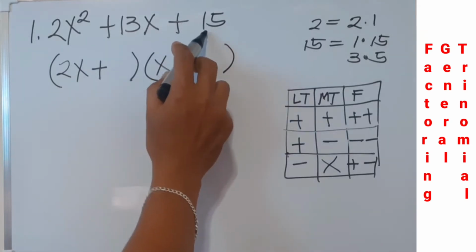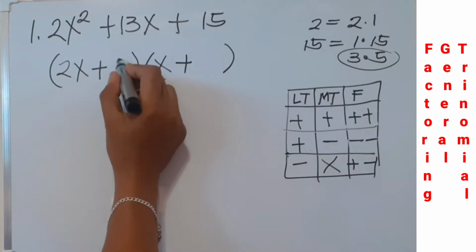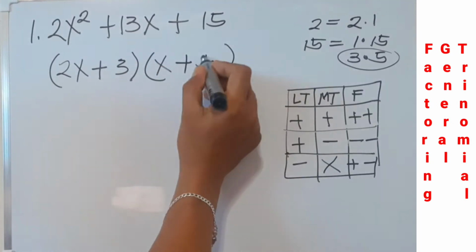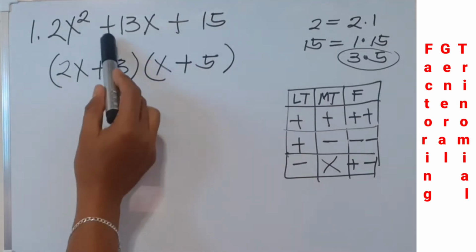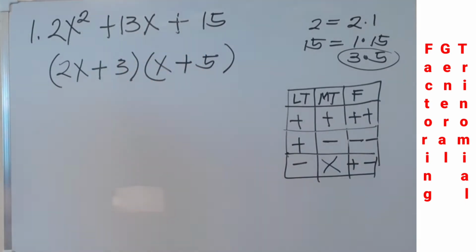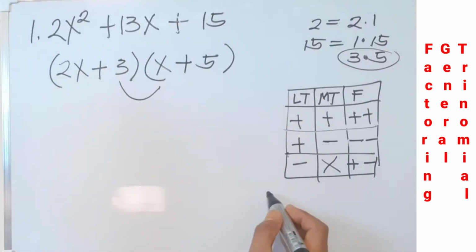Then the factors of 15, try muna natin yung 3 and 5. So we have 3 times 5. To check if the combination factors are correct, kindly double check on the middle term, which is 13x. By multiplying the inner terms, so we have 3 times x is 3x.